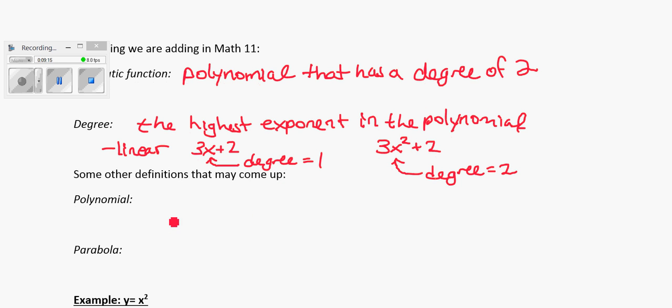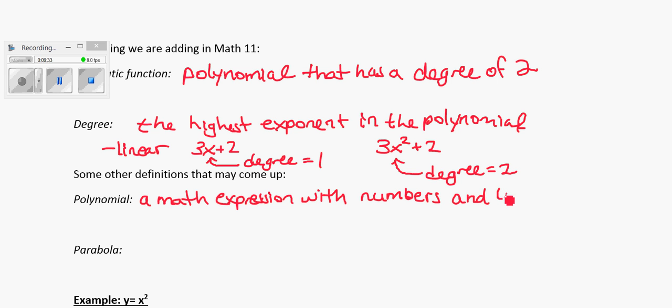And here's a couple more definitions that you're going to see. Polynomial is just a math expression with numbers and letters but it's not divided by a number.